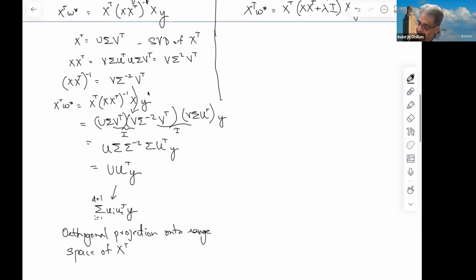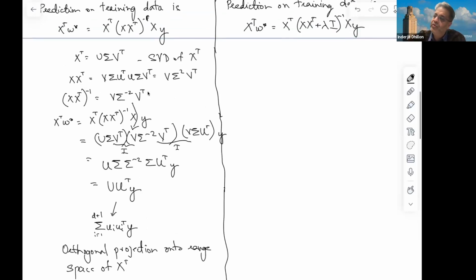Let's look at what happens in the case of ridge regression. Let's do something similar. Again, X transpose is equal to U sigma V transpose, same as before, and XX transpose equals V sigma square V transpose.